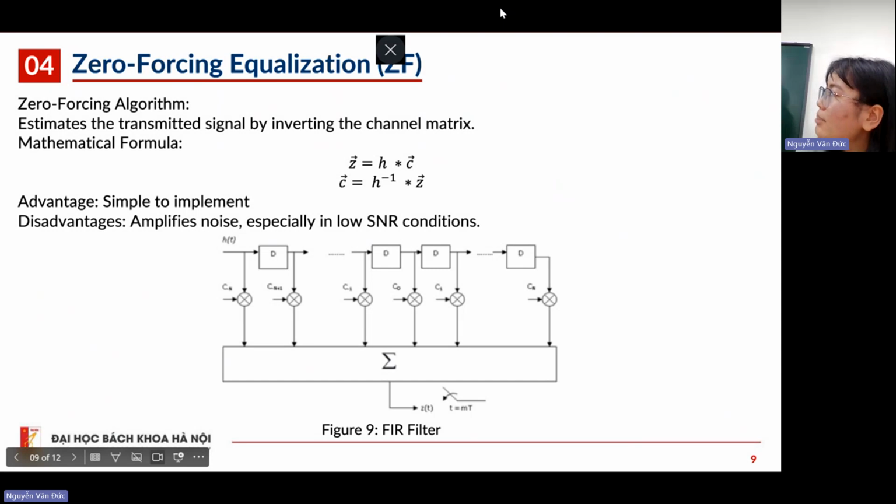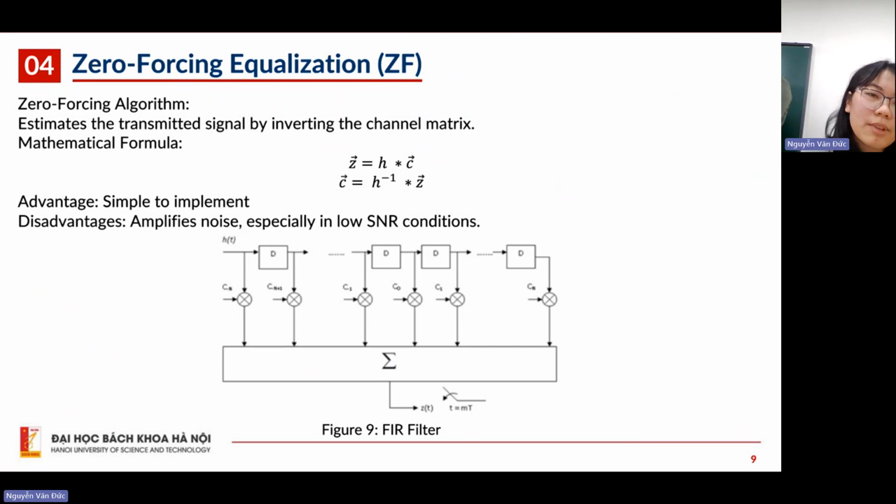So the next part is the zero forcing equalization. The idea of this is to estimate the transmitted signal by inverting the channel matrix, and in this algorithm, we consider that the noise is nearly zero to calculate the input and output based on the impulse response.